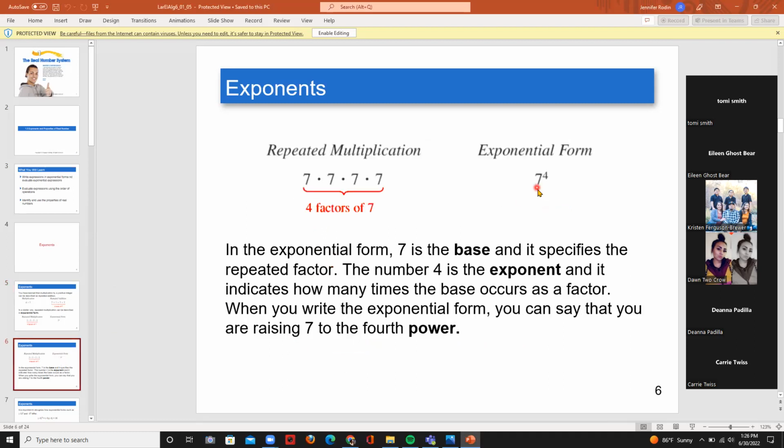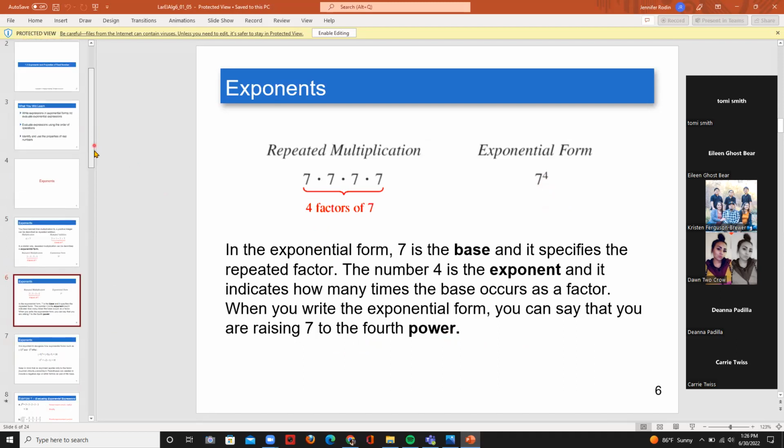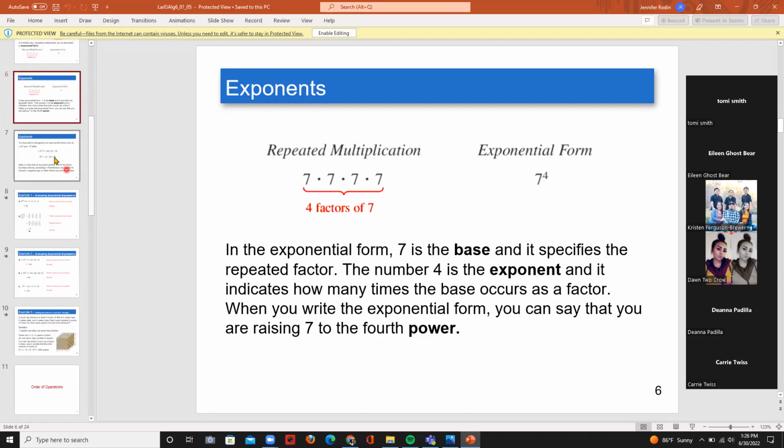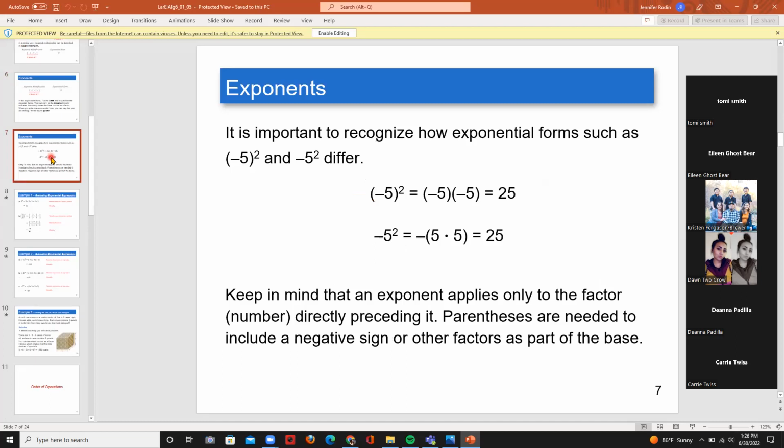We call 7 the base and 4 is the exponent, and it tells you how many times to multiply that base by itself. We could also call it to the 4th power. See what I mean? This goes kind of quick. This is a classic one.